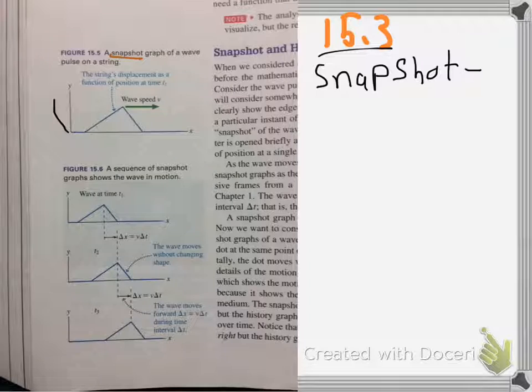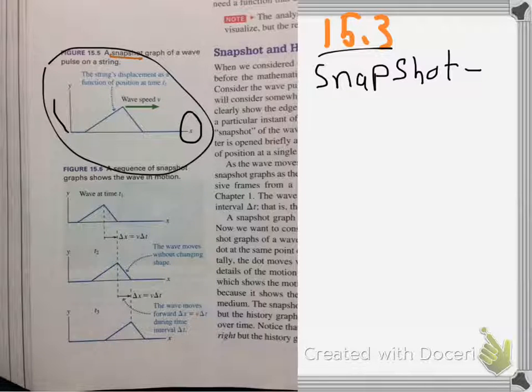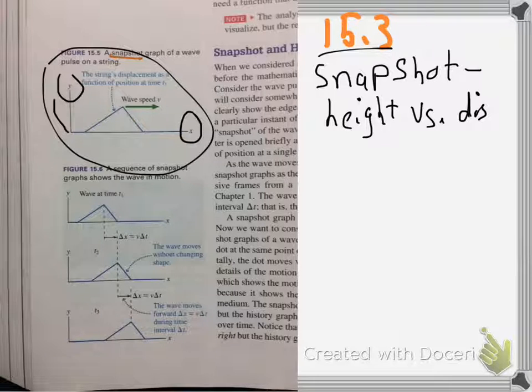They show it moving left to right, but notice your axes here. Essentially this is the height of the wave, so like its amplitude, right? How large it is versus its horizontal position, so like displacement.